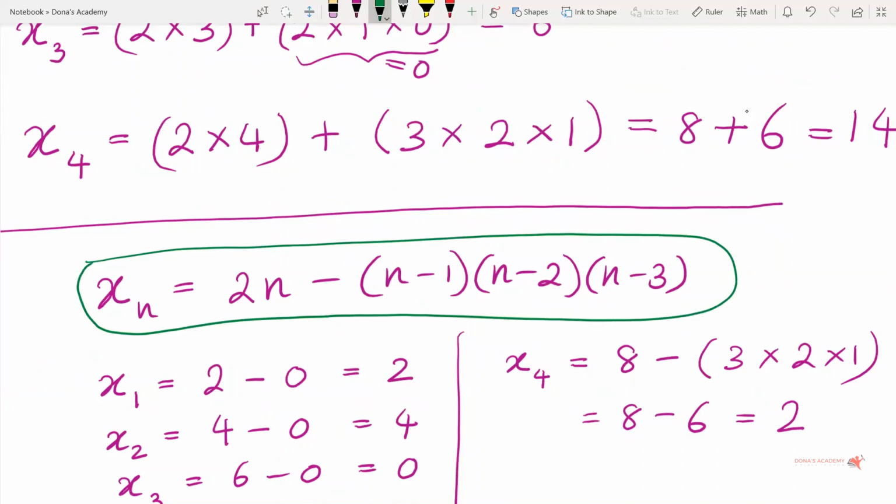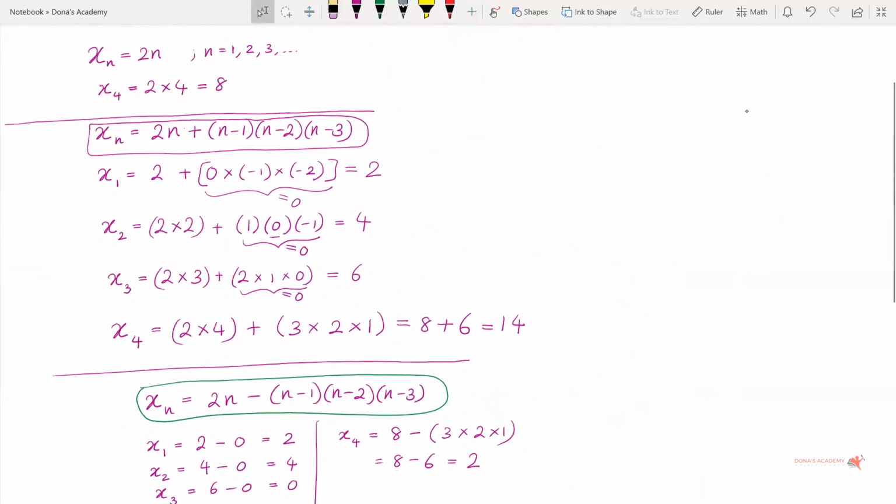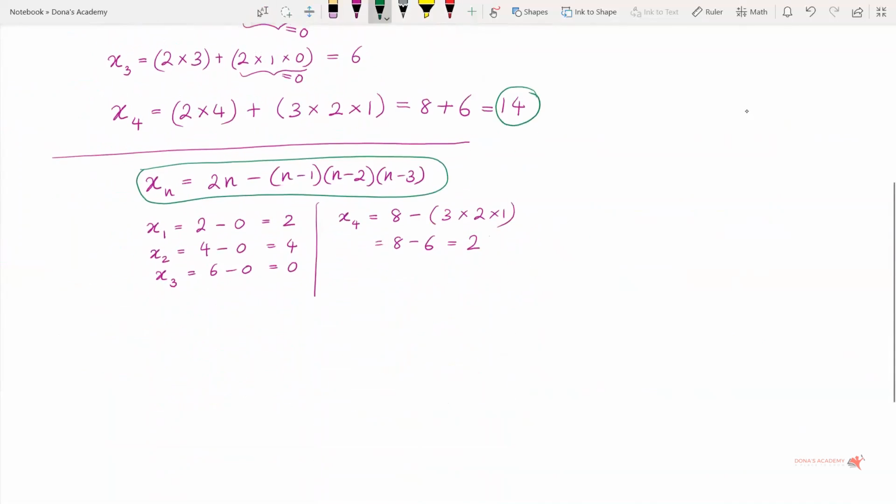So I still have 2, 4, 6 for the first three terms, but a different one for the next term. It is 2. So far we got 3 possibilities. Here I got 8, here 14, and now I got 2. So there were so many possibilities. There are 3 possibilities. Now again, my question is: is that all?